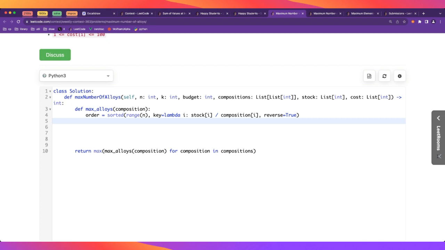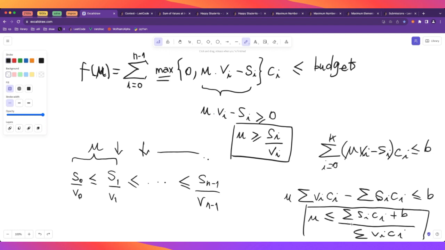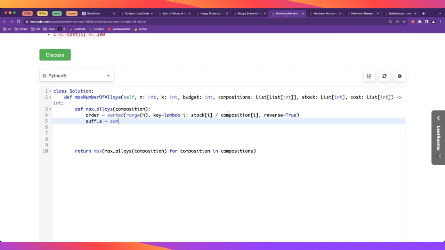And then we're going to keep the suffix of the stock. So we want these numbers, the sum of all of them, of the stock times the cost, and the sums of the composition times the cost. Initially we want to sum all of them, and then we're going to be subtracting.